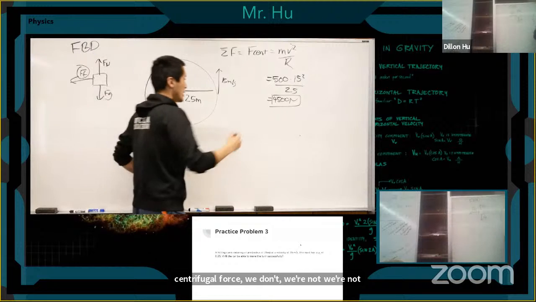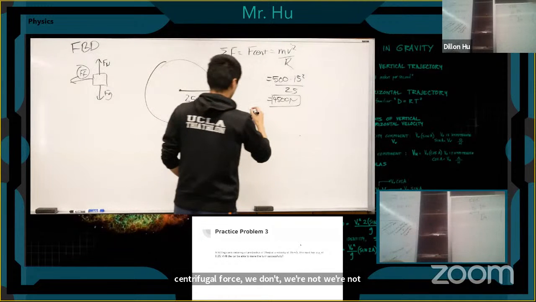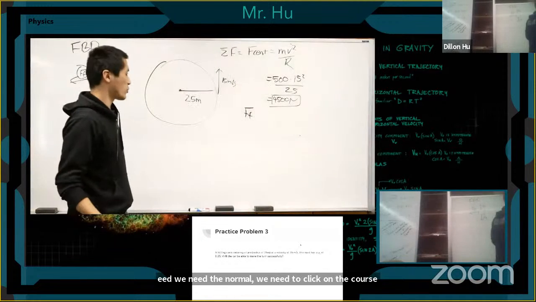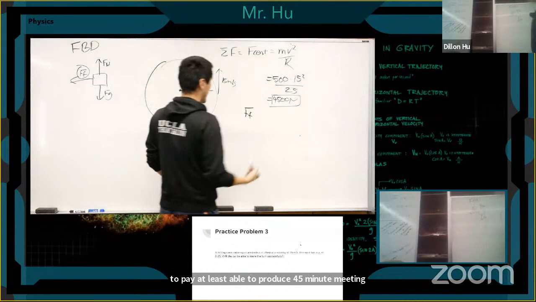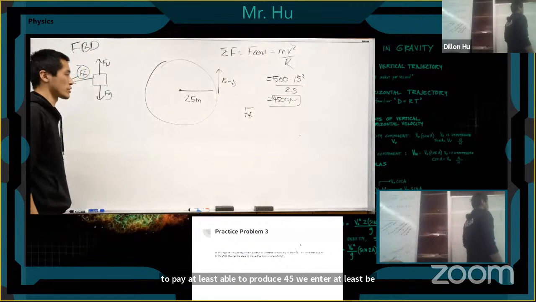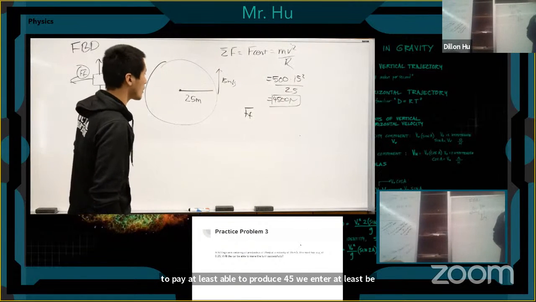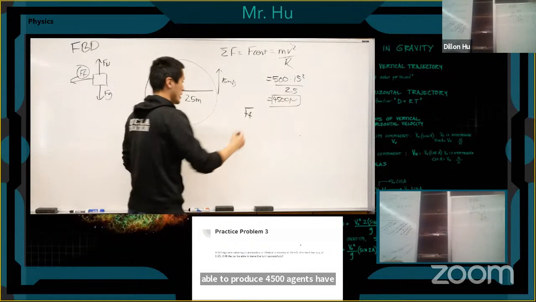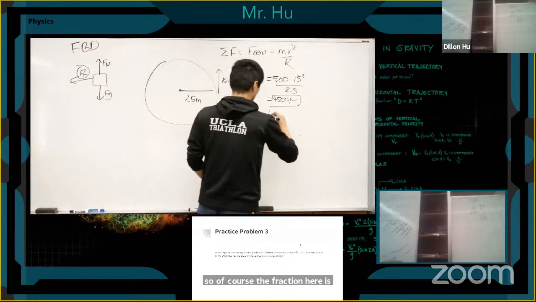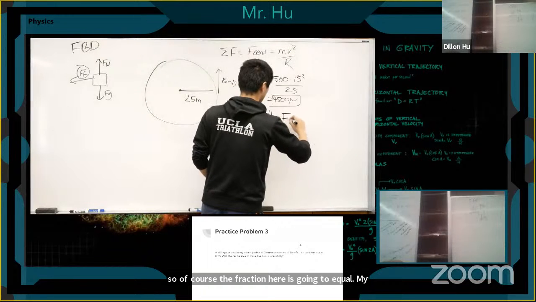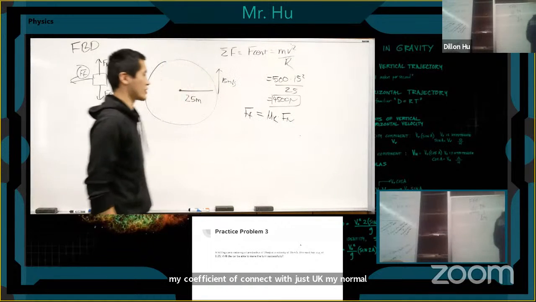So what we need is for the friction force to be able to produce at least 4,500 newtons of force. Our force of friction is going to equal the coefficient of kinetic friction, mu k, times the normal force. This is just the definition of friction.